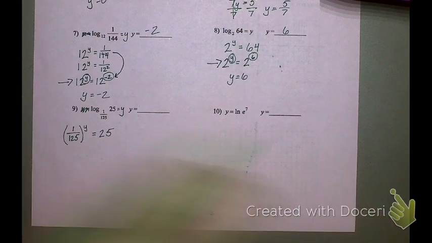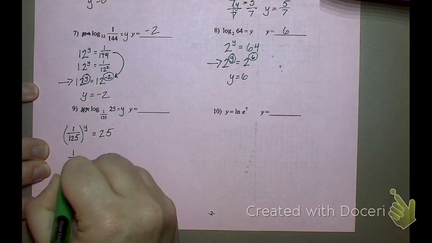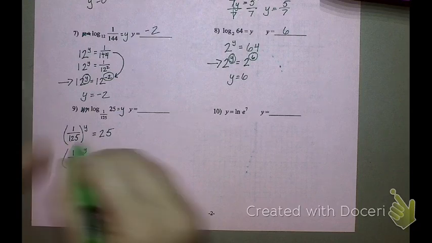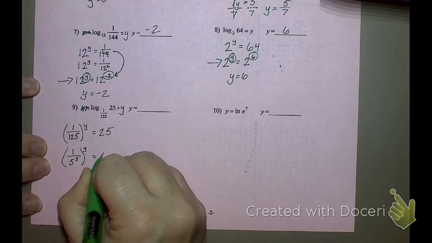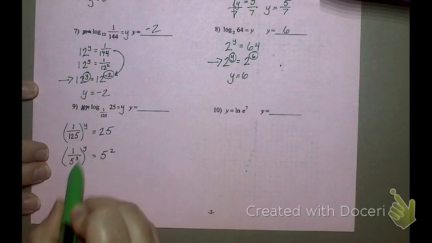All right, can I write those both as powers of 25? What am I going to have to write them as? Powers of 5. So I know that this is 1 over 5 cubed, right? 5 cubed is how I get the 125. And I know this is 5 squared. The bases don't match yet, though, because I need this to be a base of 5.